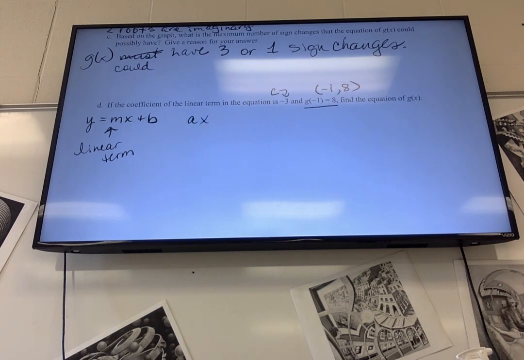I'm just going to write it down the way it was to begin with first. g of x equals... Okay, we don't know A, don't know B. I know C is negative 3, and D we found was 1.